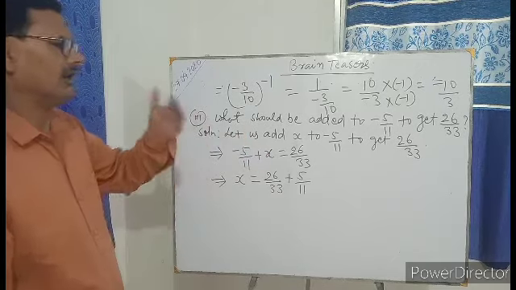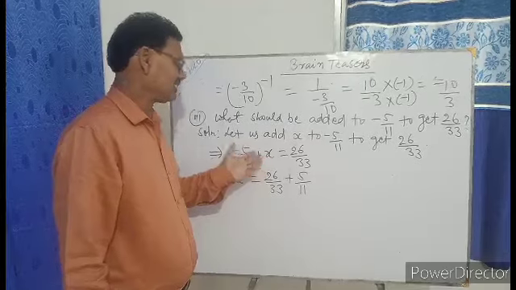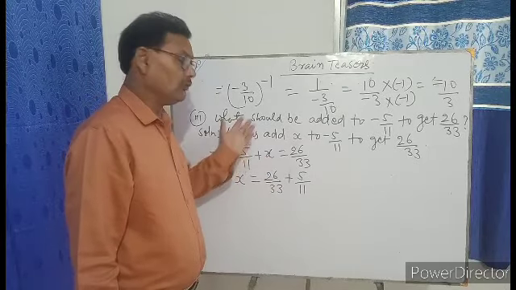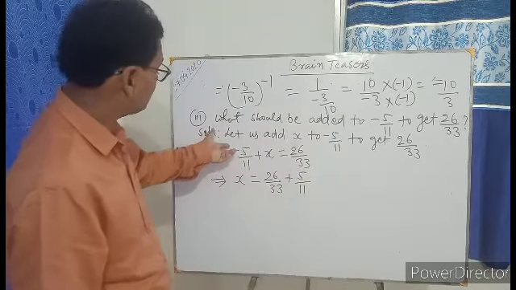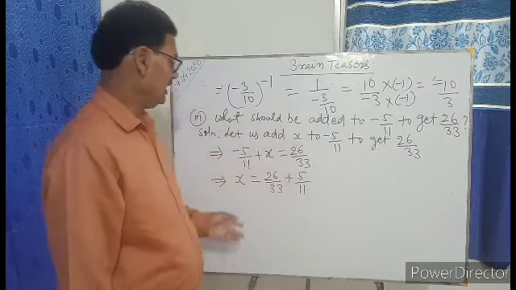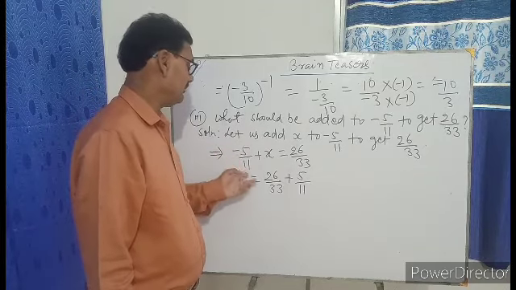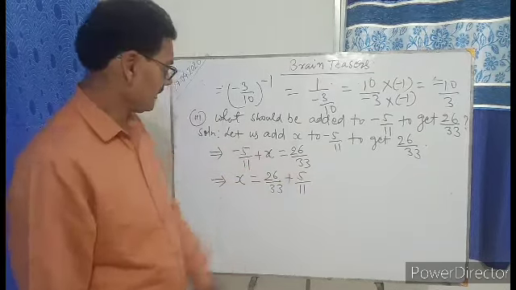We have to find the value of x, so we will transpose the numbers other than x to one side. Here minus 5 by 11 is there. If it is transposed to the right side, minus 5 by 11 will be converted into plus 5 by 11.